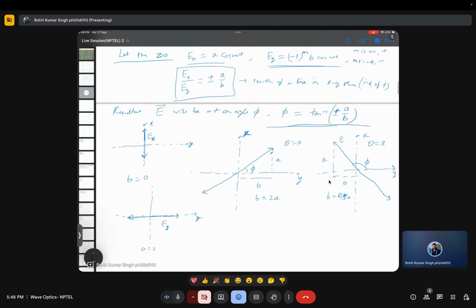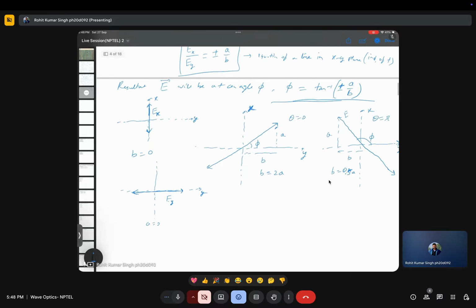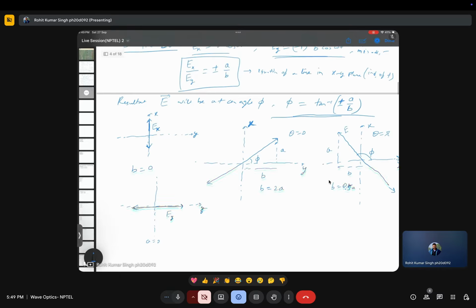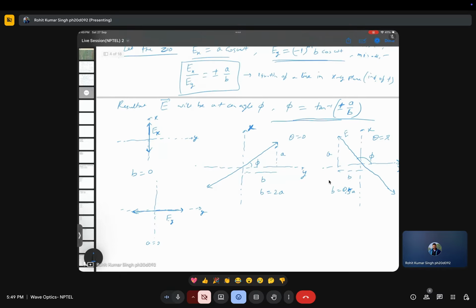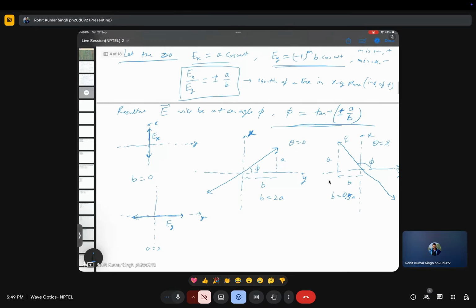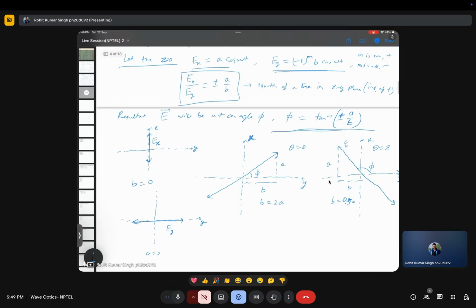So this is for theta equal to pi. Sir, what angle are you talking about? This phi angle.